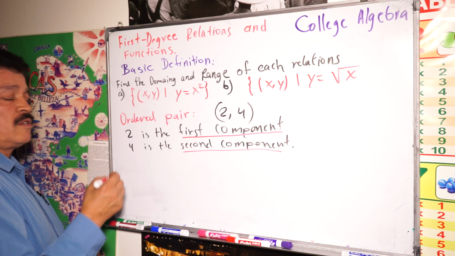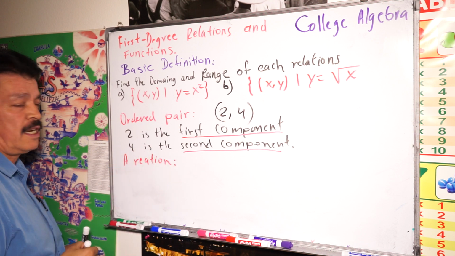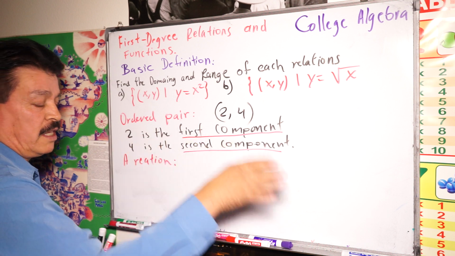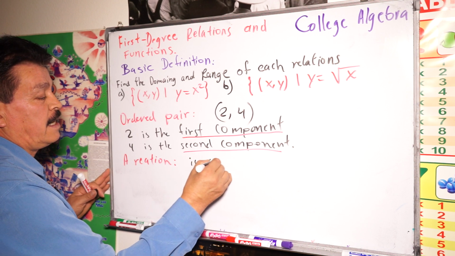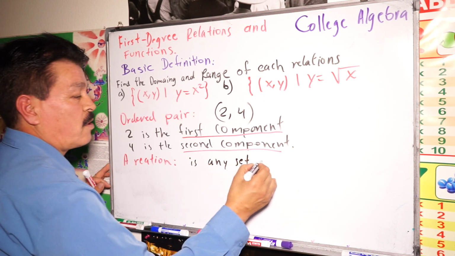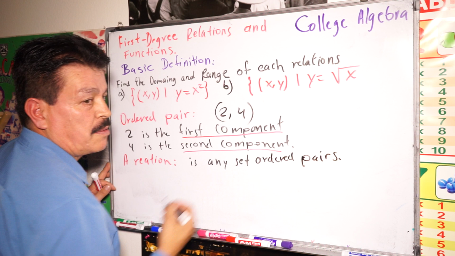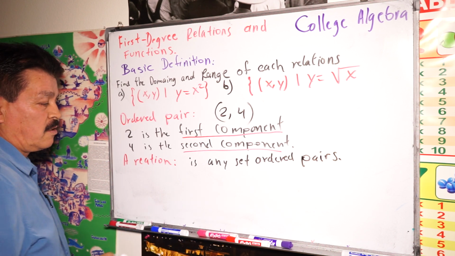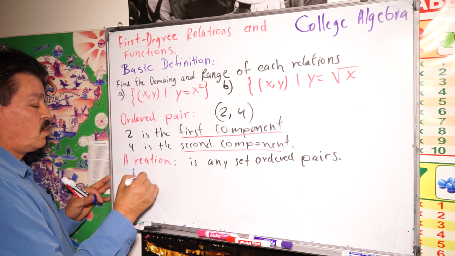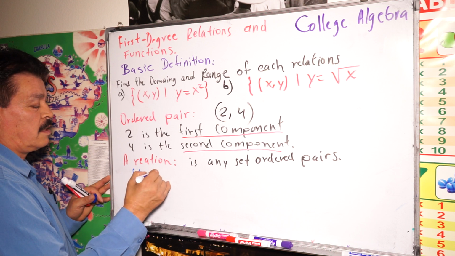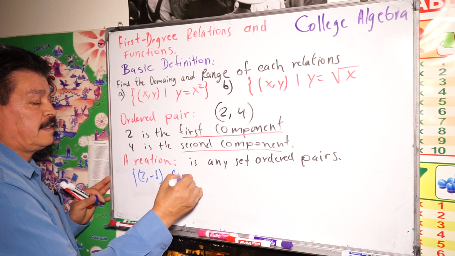Another important concept is a relation. We're talking about relations in this whole unit. A relation is any set of ordered pairs. For instance, it could be (2, -1) and (4, -2).